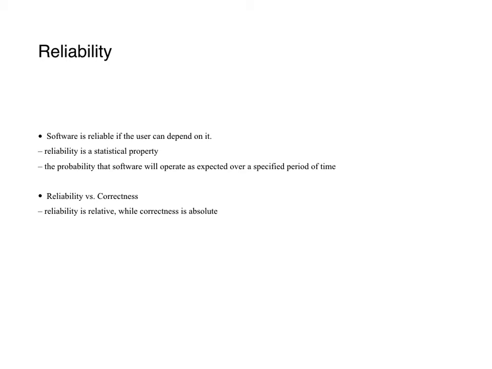Reliability is actually the probability of failure free operation of a complete program in a specified environment for a specified time. From these two terms, you can see that it depends on the users, when you are using it, how you are using it.